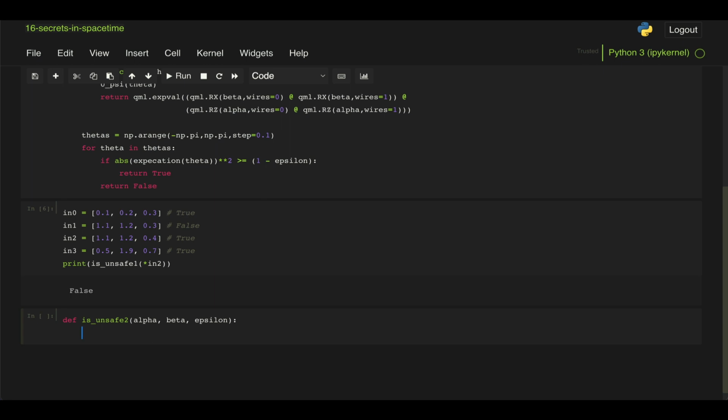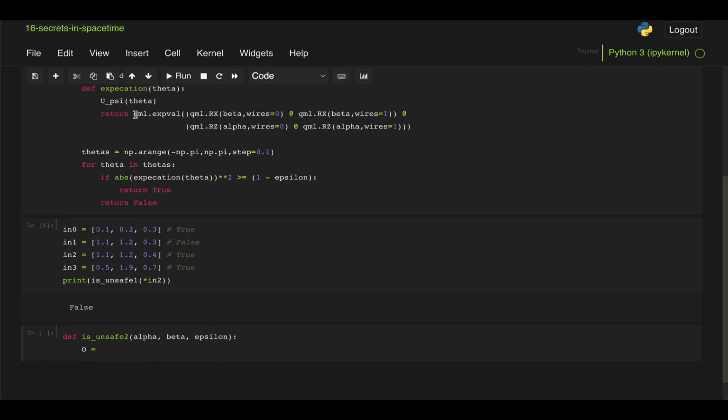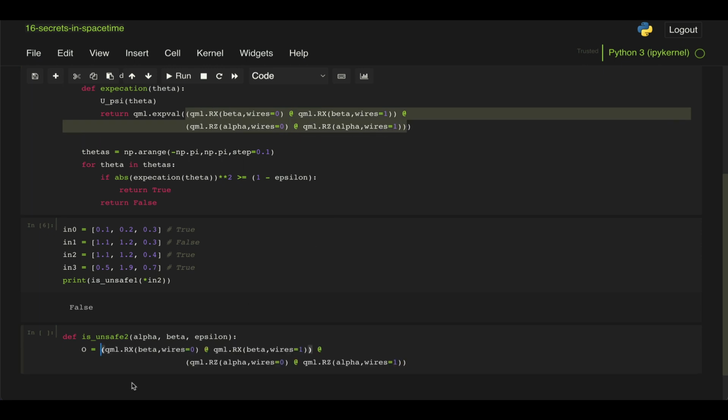And the first thing we're going to do is define that operator that is basically the same thing we were passing here to this expval function. So I'm just going to copy and paste that. But we want to calculate the matrix. So we can use this qml.matrix function to do so.